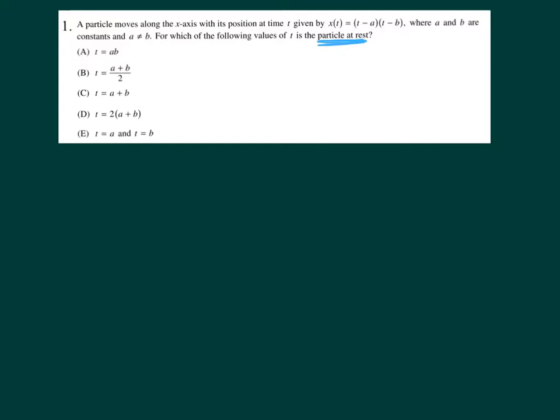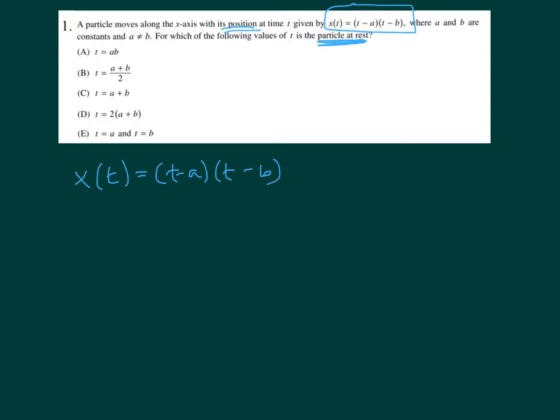So I need to take this function, which is the position function, and find the velocity. I have 2 different options for that. My position function is the product of 2 binomials, t minus a and t minus b. To find the velocity function, I need to take the derivative of the position function. I can take the derivative just as I see it right now and use my product rule.